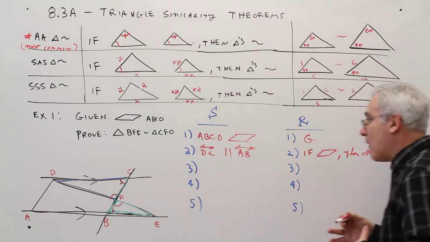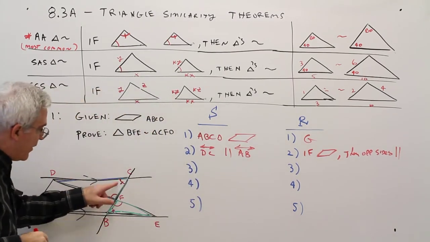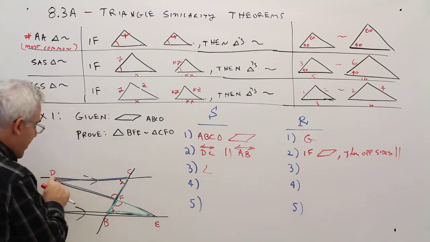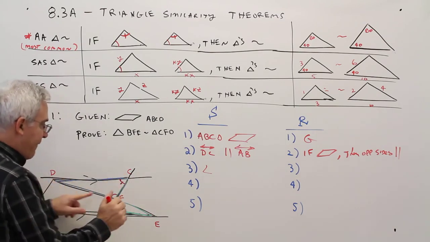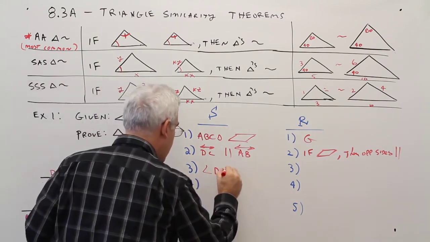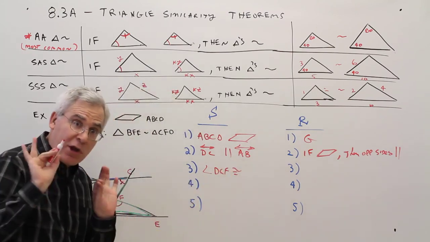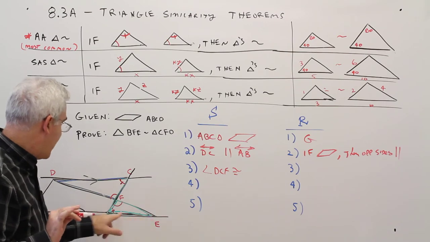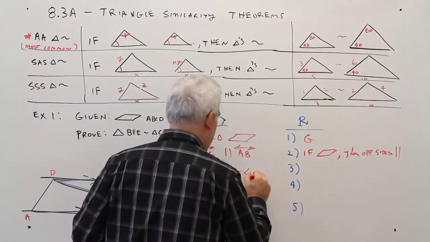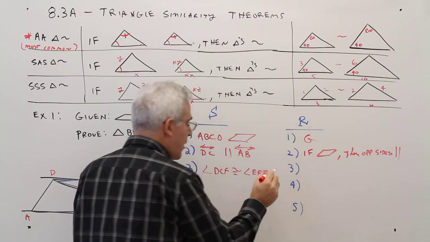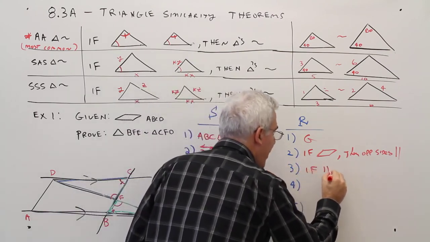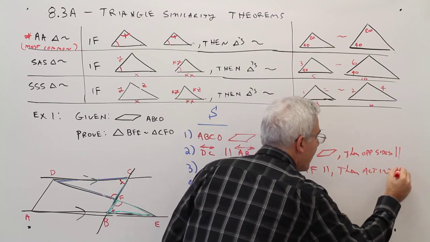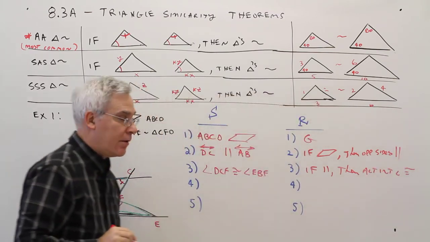And based on the parallel, that's how I got these two angles here. So I'll say angle DCF is congruent, I'll call it, to angle EBF. If parallel, then alt interior angles congruent.